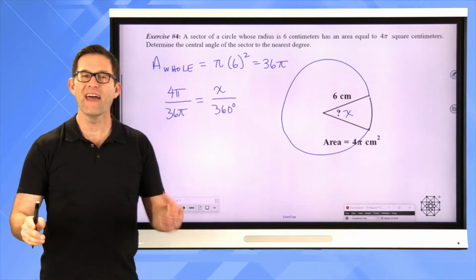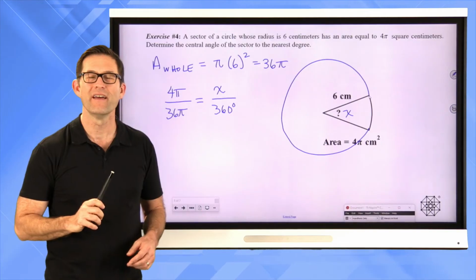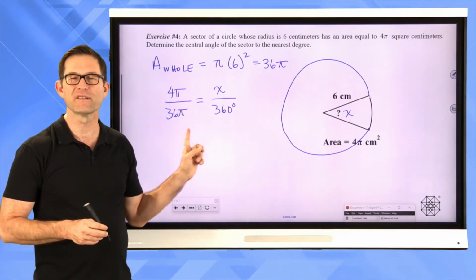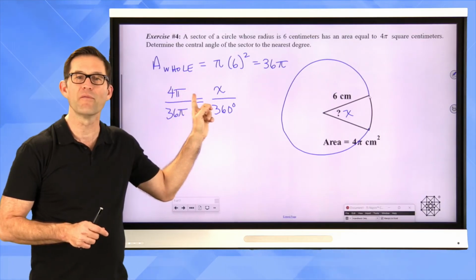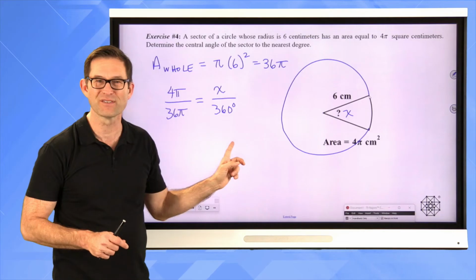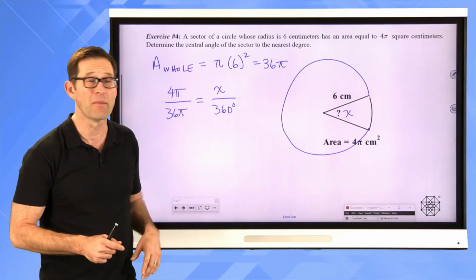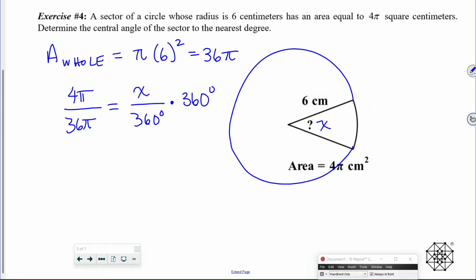All right, and now it's exactly the same idea. The difference is the fraction of the circle that's taken up is now given to me by the ratio of the two areas instead of the ratio of the two angles. But it's still the same idea. To solve for that central angle, I'll just multiply both sides by 360 degrees. Those will cancel.